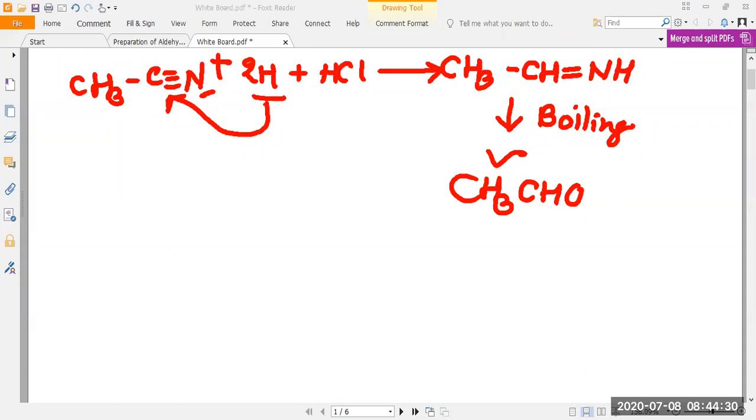Ammonium chloride is also formed, and this reaction is called Stephen reaction. It is a name reaction.